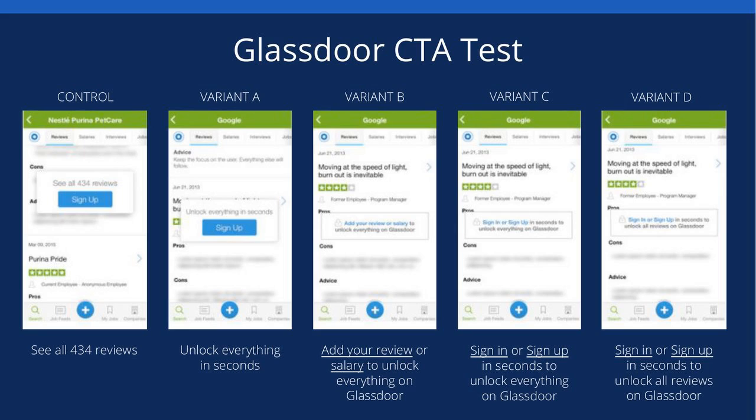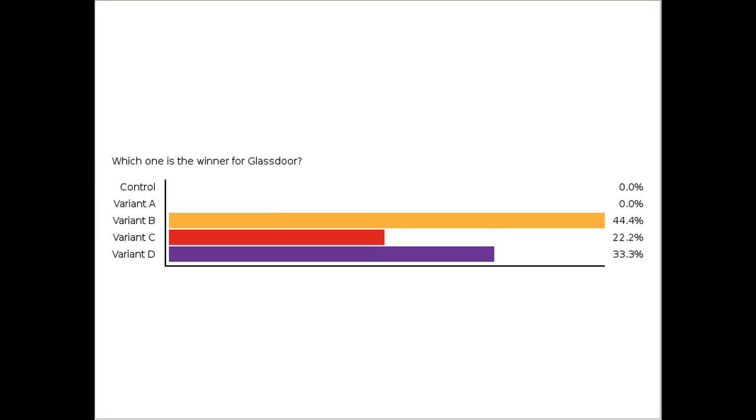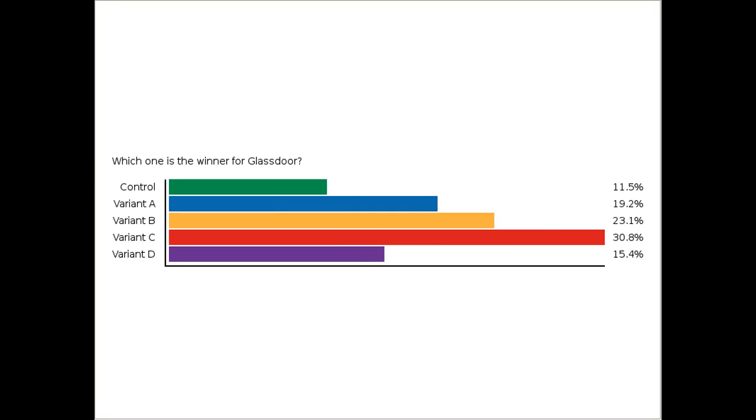So now that you guys have had some time to read over these, I'd love, again, to poll the audience and see if you guys have any thoughts around which variant performed the best in terms of yielding a higher user registration rate. So which one do you guys think is the winner for Glassdoor?